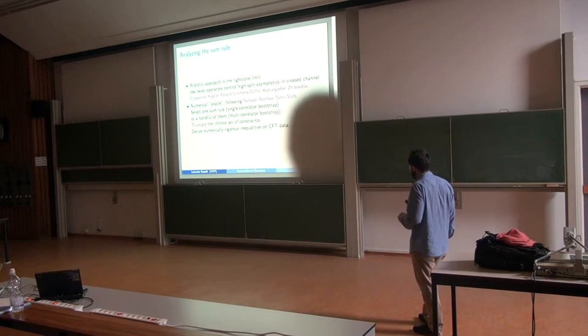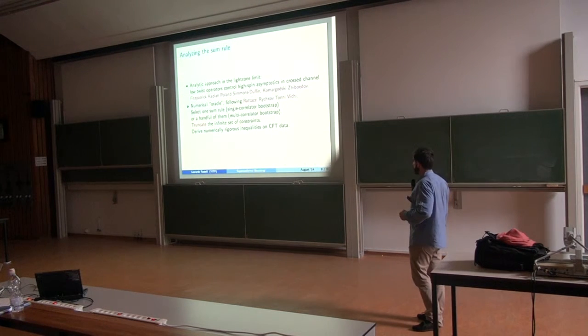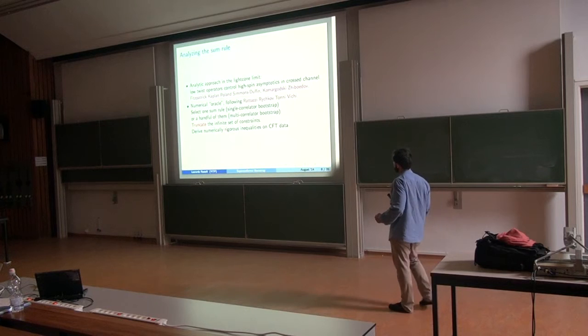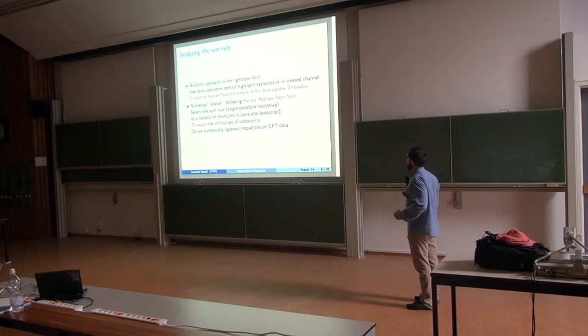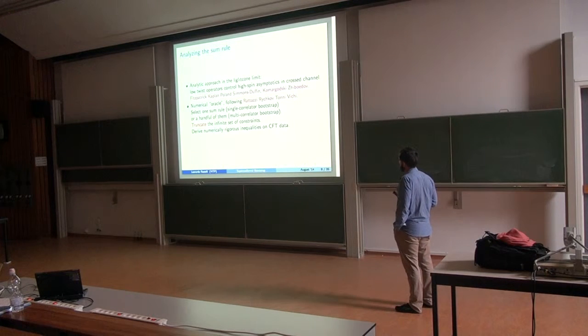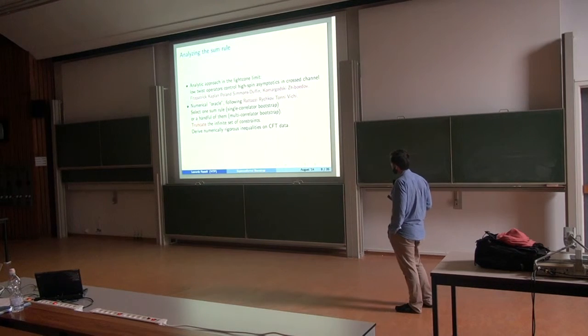So now that we have the sum rule, we can try to analyze it and extract non-trivial information about the theory. And here I simply want to mention something I will not talk about, but there's a beautiful story to get some partial analytic results by taking a Lorentzian OPE limit.